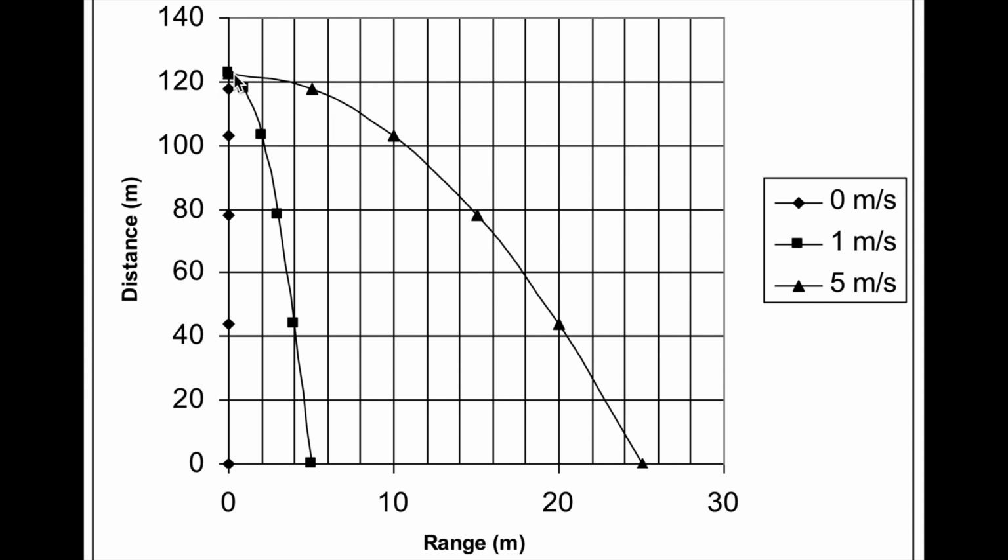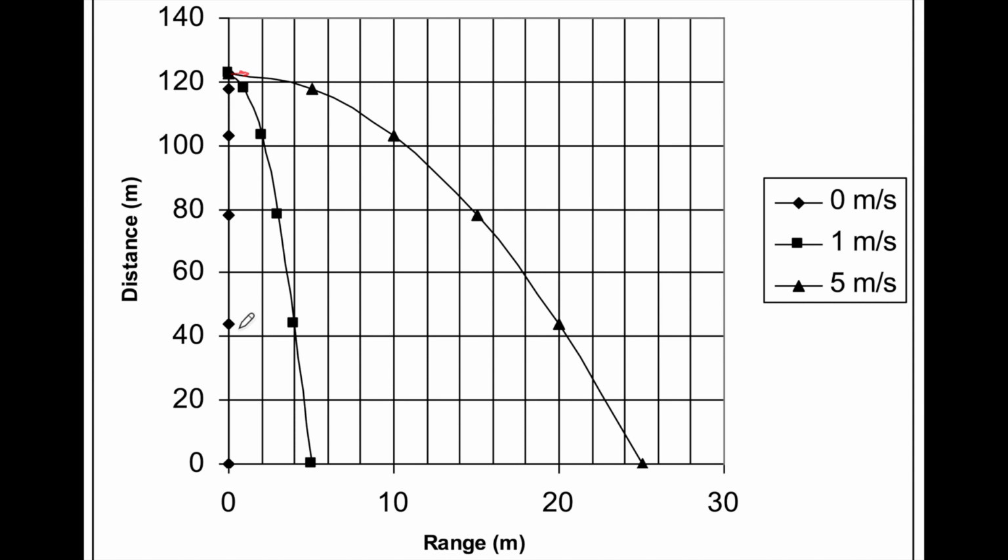But look at this. For this square one here, it has a 1 meter per second horizontal vector to it. So it's like shooting a gun straight out or flicking something right off the edge of a table. If it leaves the table at 1 meter per second, you'll notice these two are level because once it leaves the table, it's now under the influence of gravity.